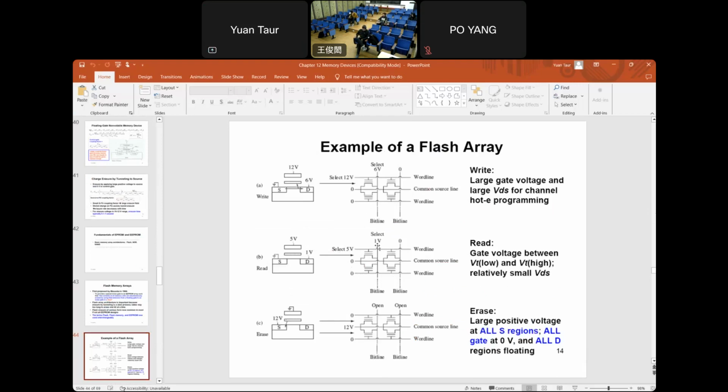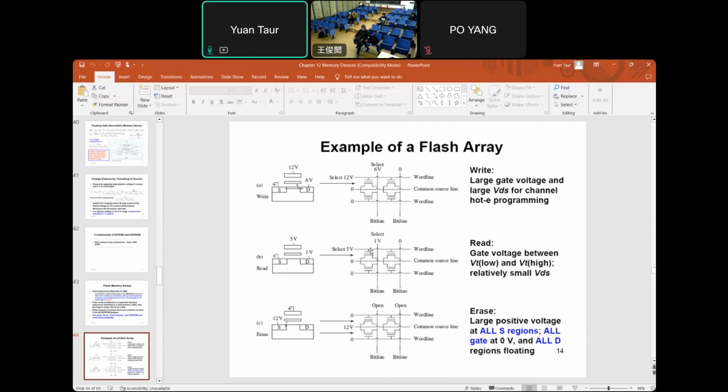Okay. And if the FET has current, in other words, the VT is actually lower than 5 volt, then there's no charge, because the charge makes the VT higher. If there's no charge, then there's a current.